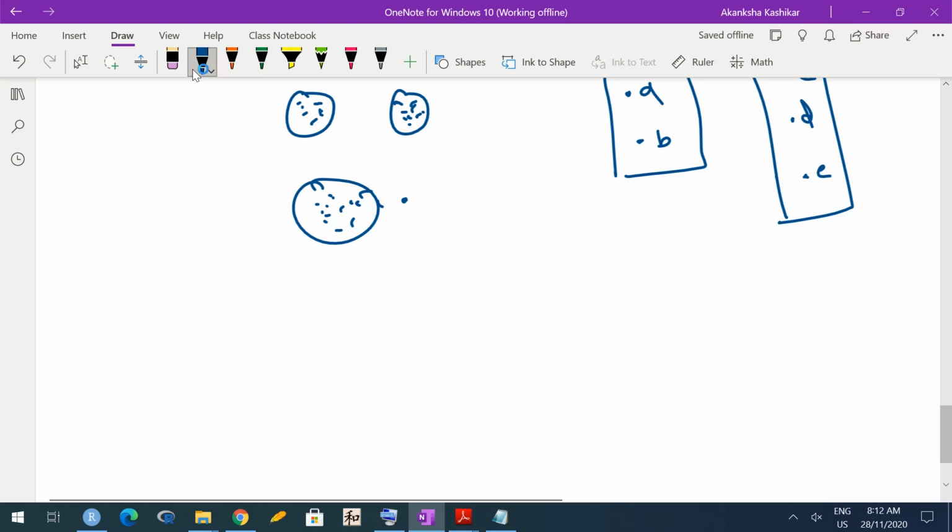One of the easiest ways would be what is known as single linkage. So what do we do in single linkage? We take the smallest possible distance.